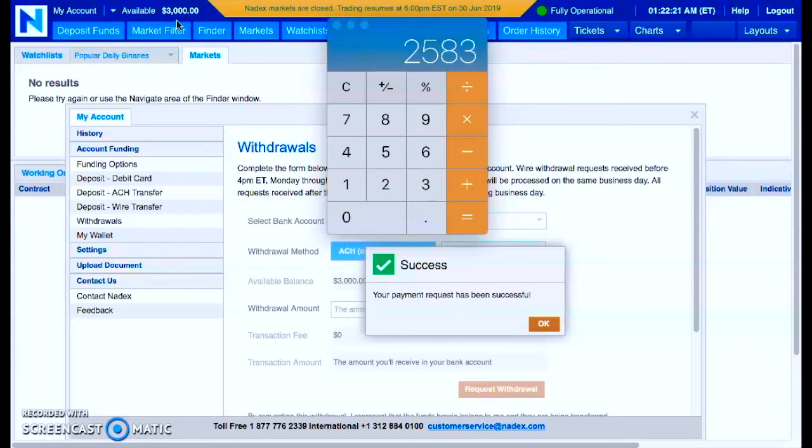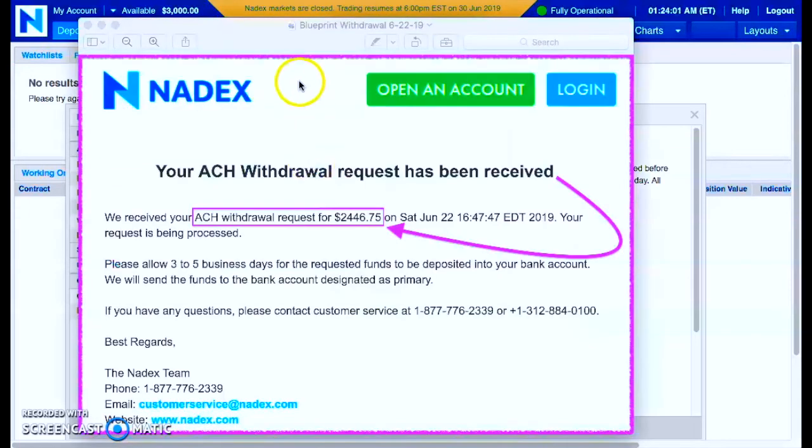I wanted to add up the paycheck from last week and from this week. Last week, I believe, was 2446, but I'm going to get the actual screenshot of that email so I have the exact number. Hang on a second. Okay, so here it is.